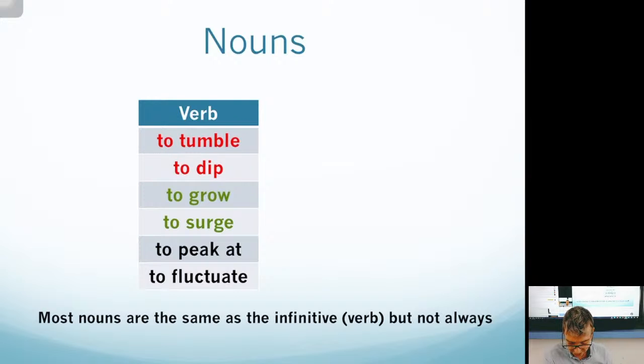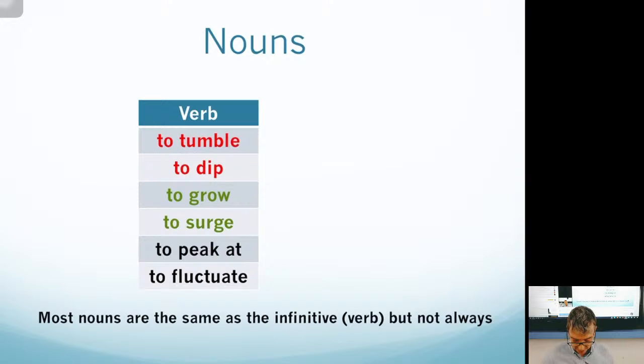To surge is another one that gives a powerful sense that something is surging and increasing. And then we have the other ones which we looked at, which were the highest points. So to peak at, and then also to fluctuate, which means to go up and down rapidly.